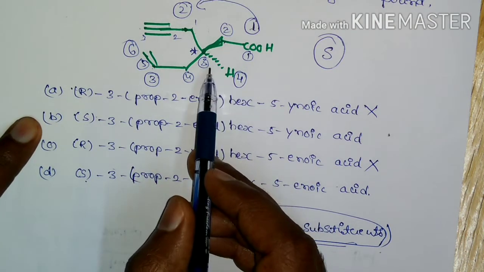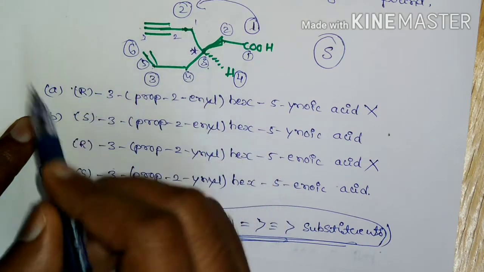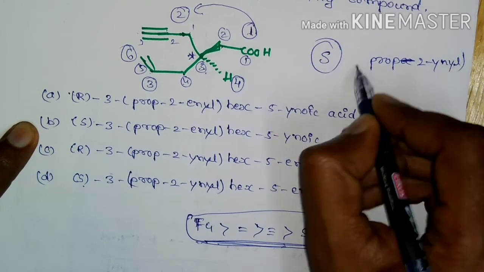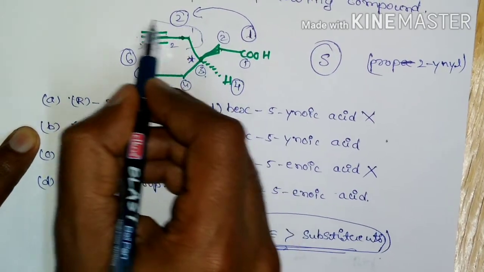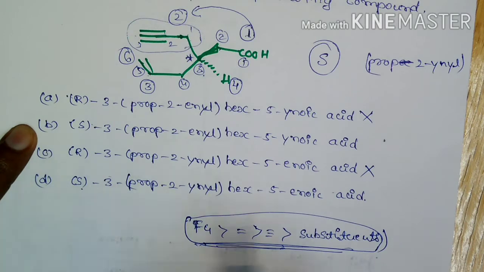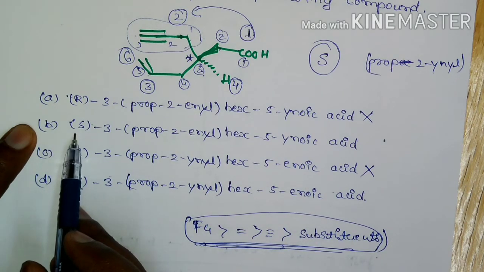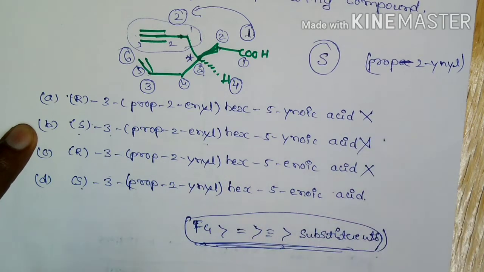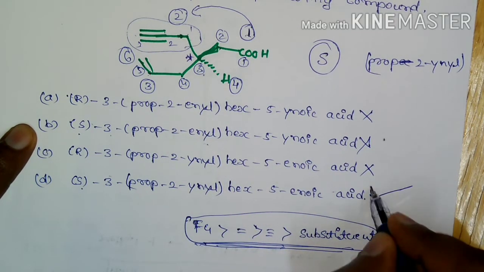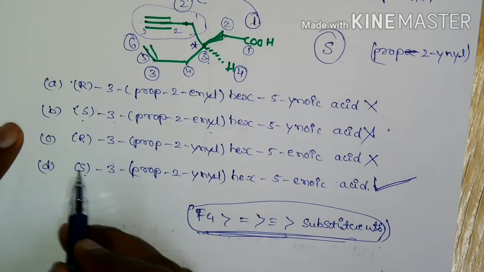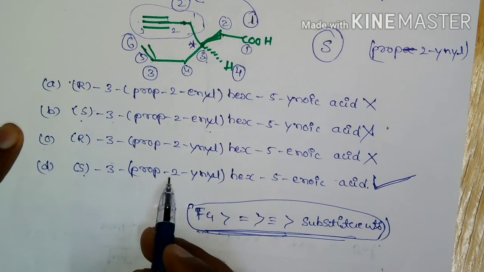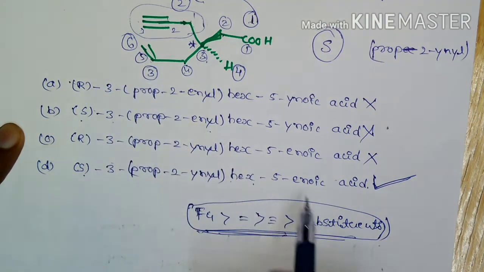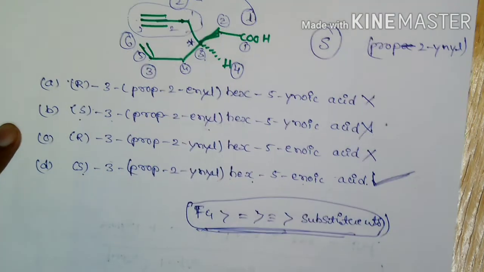At the third carbon atom we have prop-2-enyl, which is the name of this substituent. So option B is S-3-propenyl, so this cannot be the correct answer. So this will be the right answer: S-3-prop-2-enylhex-5-enoic acid.